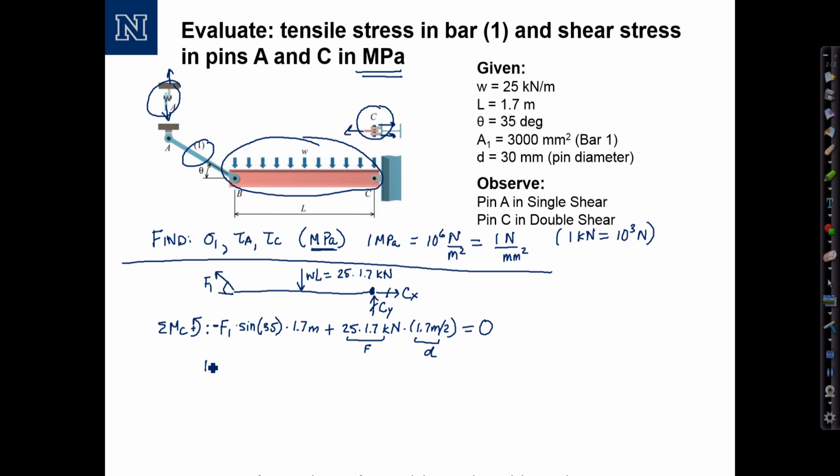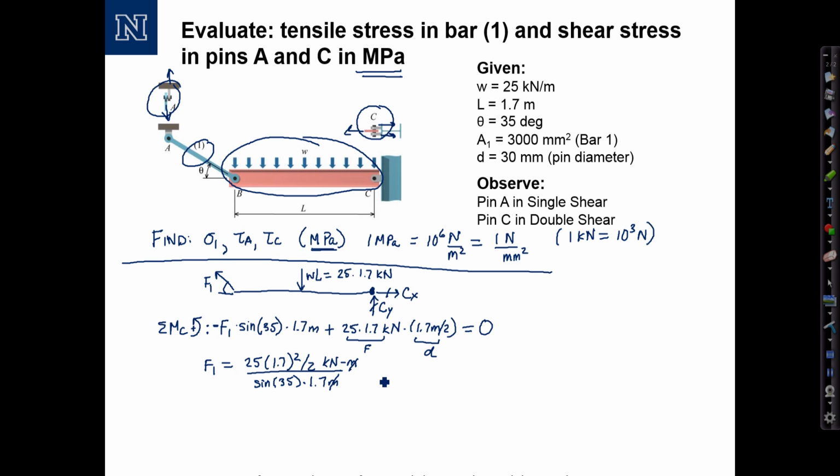I can solve for F1, reversing the sign. F1 equals 25 times 1.7 squared over 2. This term has units of kilonewton meters. It's going to be divided by this term right here, sine of 35 times 1.7 meters.